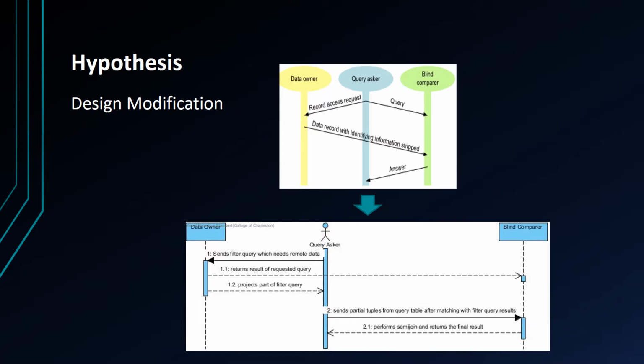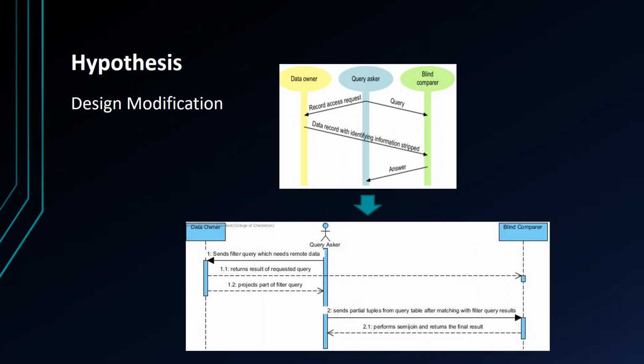Now an inner join takes place between the table which came from the query asker and the record which came from the data owner. Finally, the join result is shipped back to the query asker.